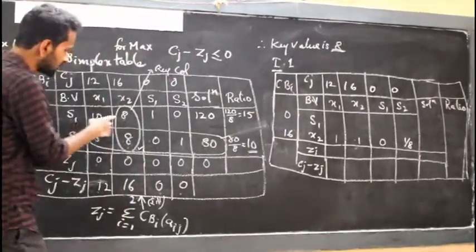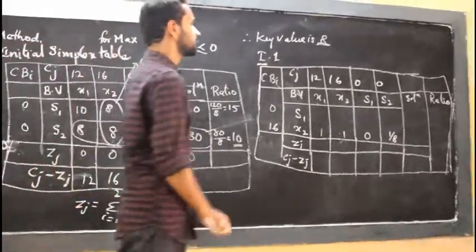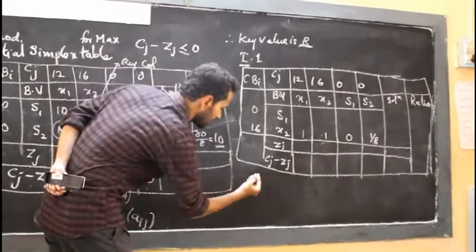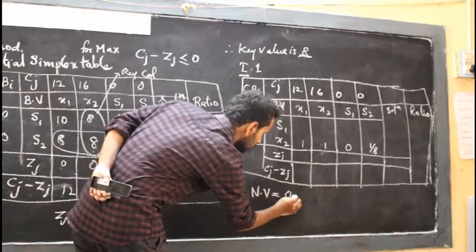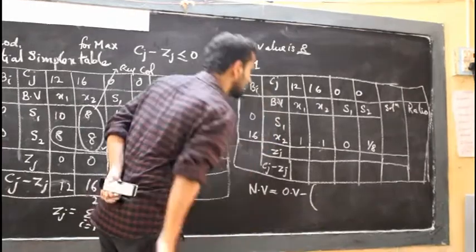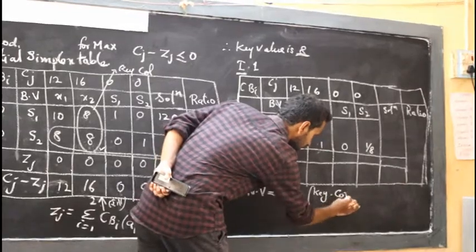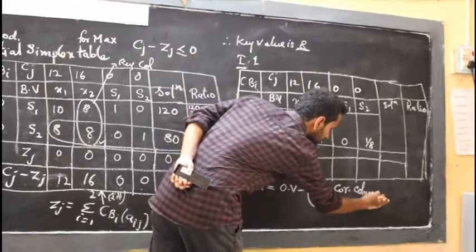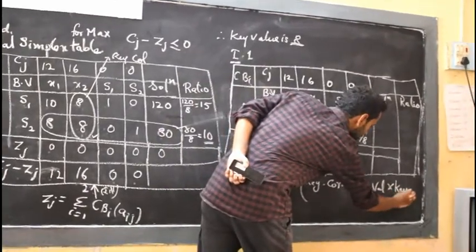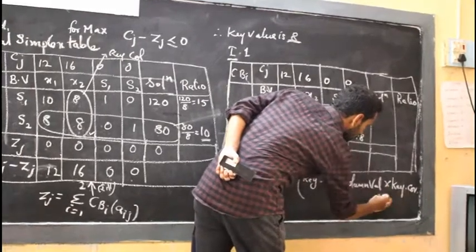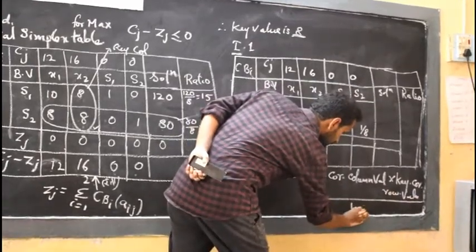This is my old value. Look at 10, 8, 1, 0 and 120, which are my old values. To find a new value, I have a particular formula. New value, NV, equals old value, OV, minus, open the bracket, key corresponding column value into key corresponding row value, divided by key value.